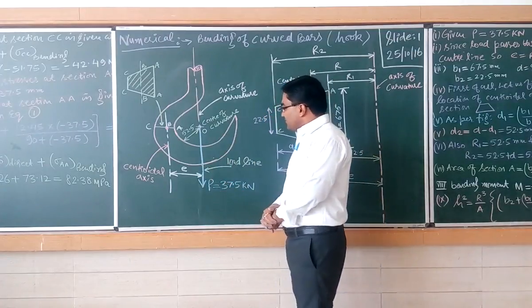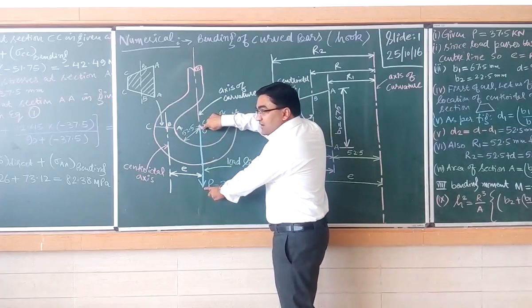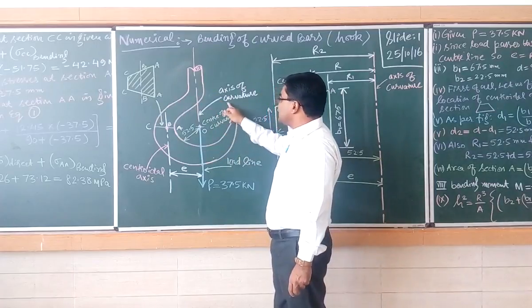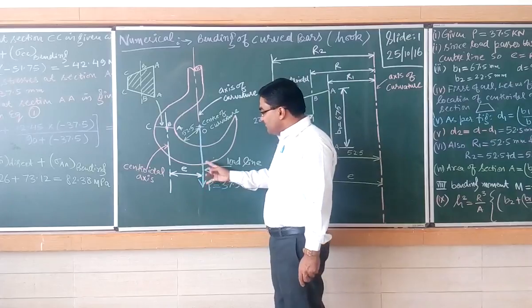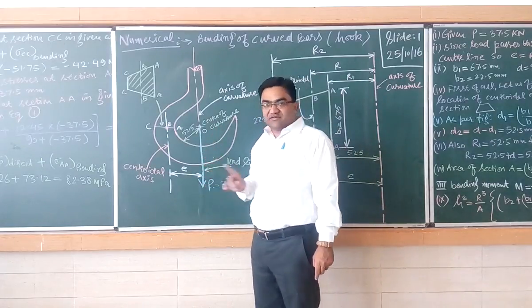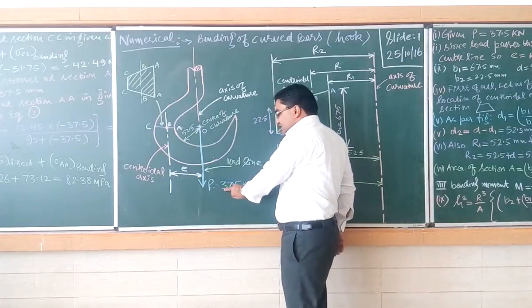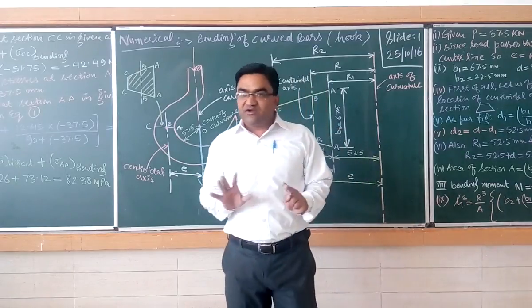Now we are given a problem in which a load has been suspended at the axis of the curvature, or you can say the center of the curvature. The load line is passing through the center of curvature. Point number 1: the value of the load is P equal to 37.5 kN, which is given in the numerical.